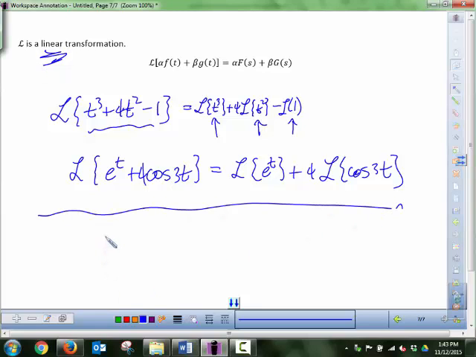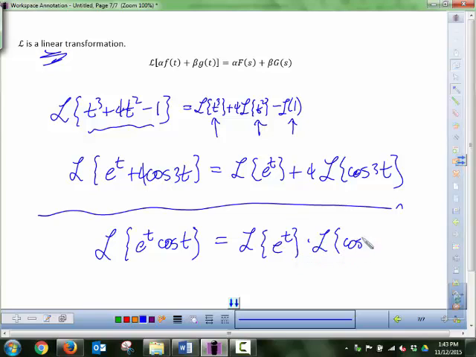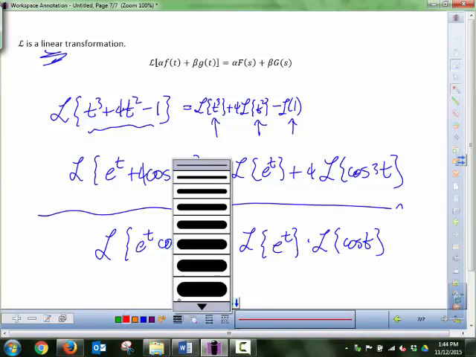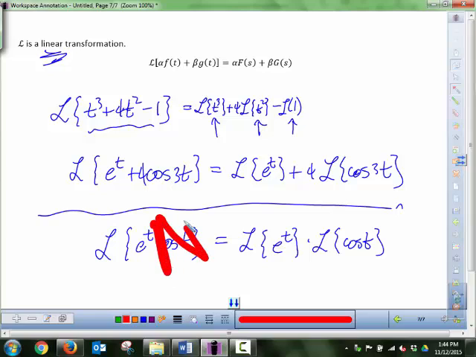Now be careful. This applies to addition, subtraction, and scalar multiplication, but if you're multiplying two functions together, this is not true. I'm going to put a big not here: the Laplace transform of e to the t times cosine t is not the Laplace transform of e to the t times the Laplace transform of cosine t.